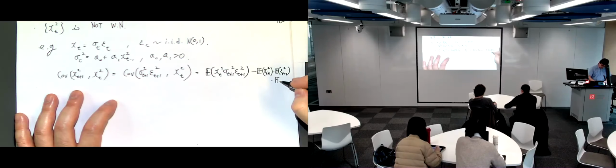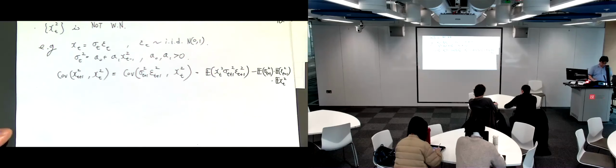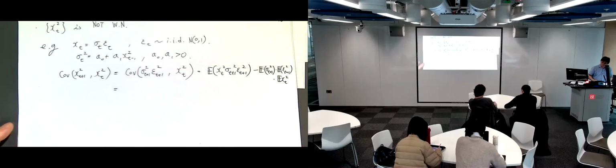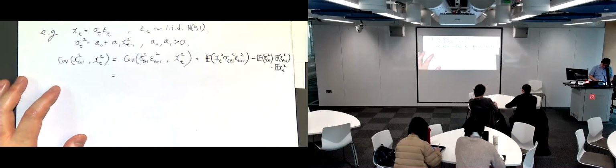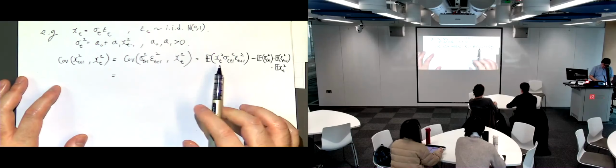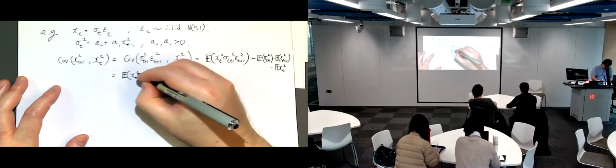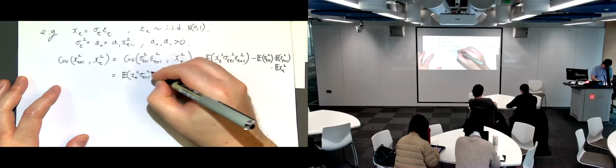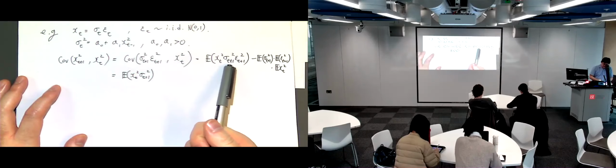And then multiply with expectation of xt squared. So what's next then? So expectation of xt squared times sigma t plus 1 squared. Epsilon t plus 1 squared, of course, is independent of this.